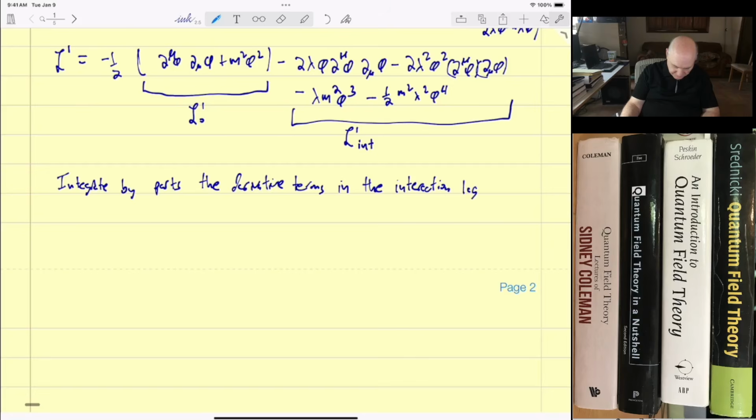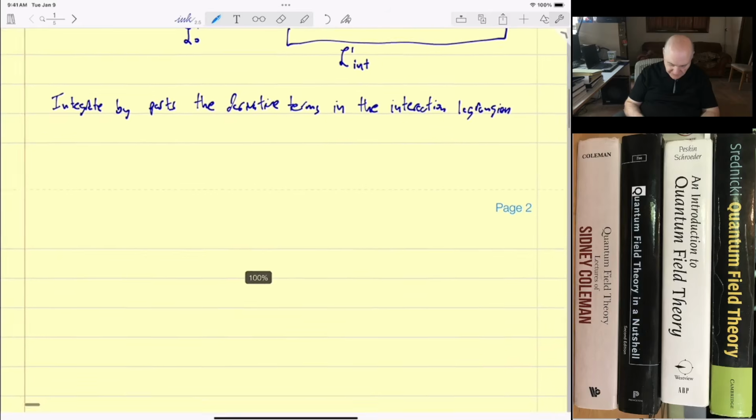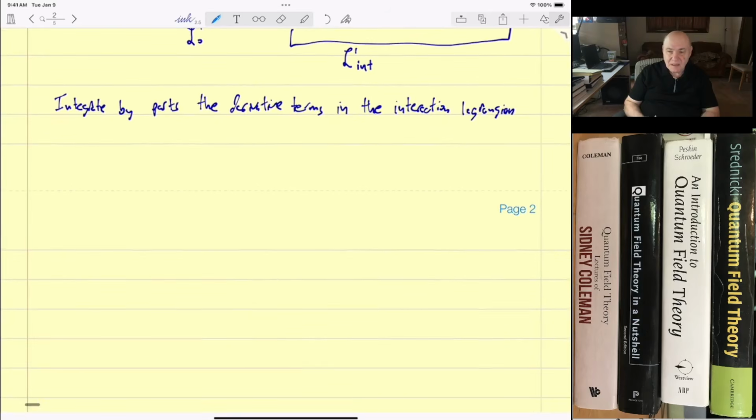I'm doing it just because I sort of know how to handle it a little better. You can't get rid of the derivatives altogether, but you can make it where you get a del squared rather than just a single derivative. Rather than having two derivative terms, you'll just have the Laplacian or the d'Alembertian acting on it. So let's just do that.